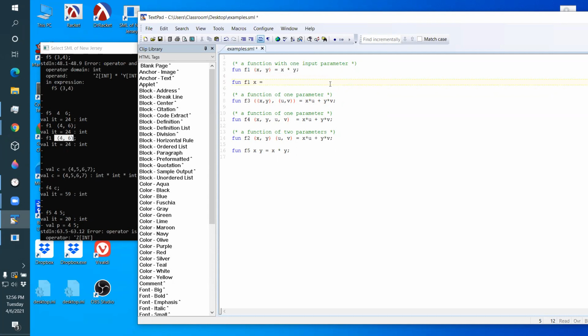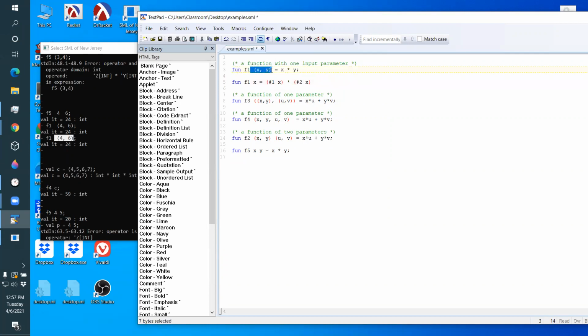So I would want the first thing out of that tuple, and that's written #1 of X times #2 of X. So there are the pieces of the tuple. See, it's still only taking 1 thing.